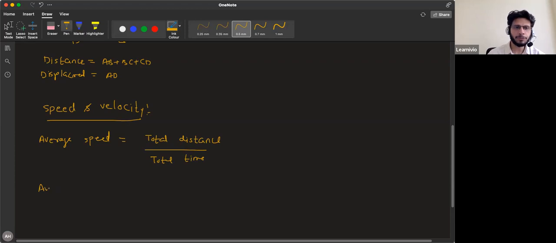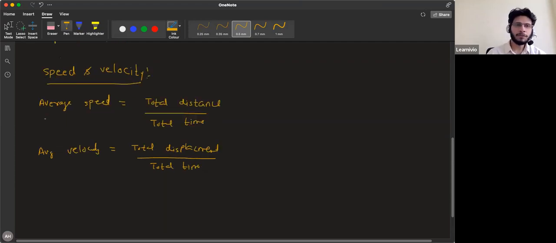If instead of average speed, you want to calculate average velocity, then average velocity is just the ratio of total displacement divided by the total time. Now, after this average speed and average velocity, we can calculate instantaneous speed and velocity.